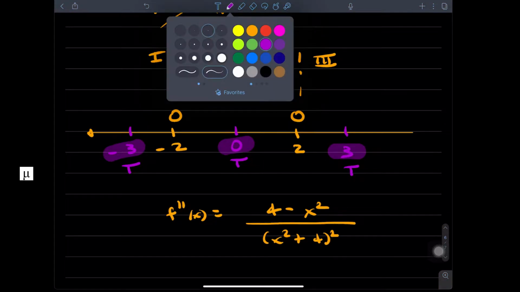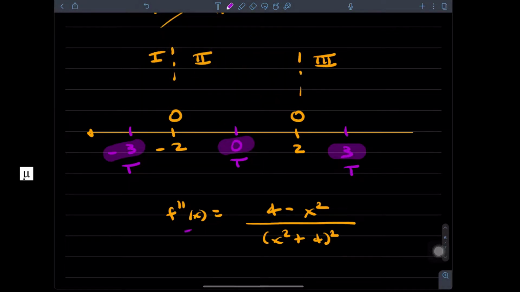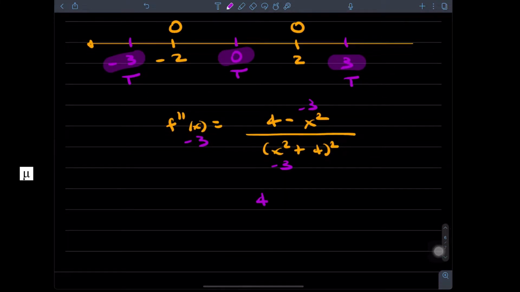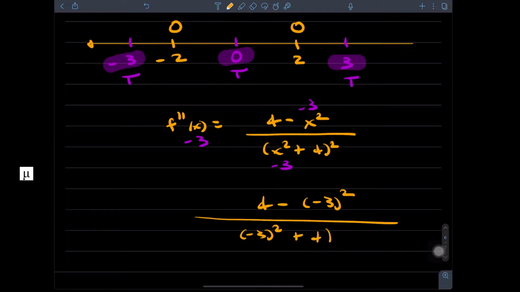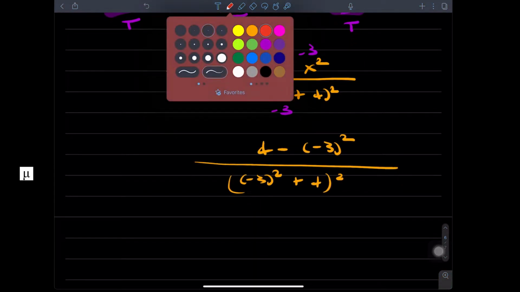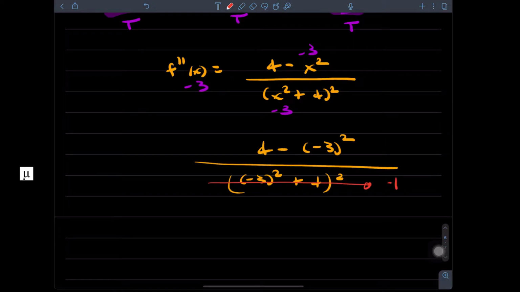If I plug in negative 3 here, what do I get? Let me change colors. 4 minus negative 3 squared over negative 3 squared plus 4, everything squared. You guys want to know something on the denominator? That's always positive, right? So I don't even care about that one. I only care about the numerator.